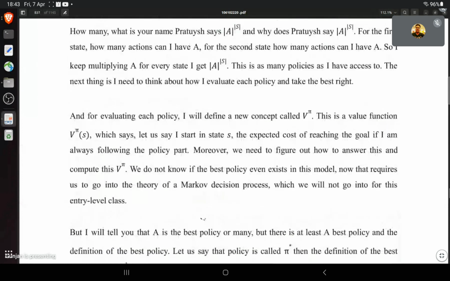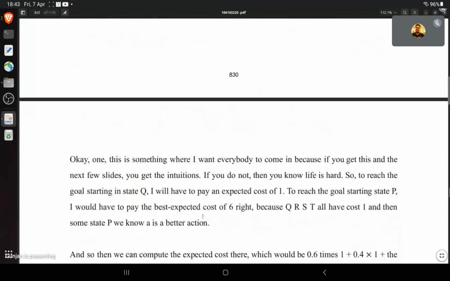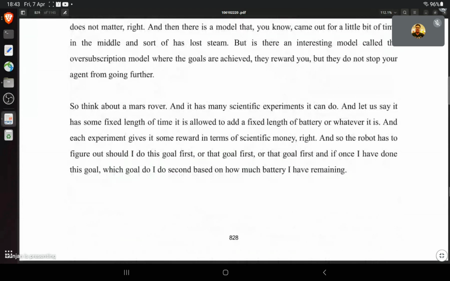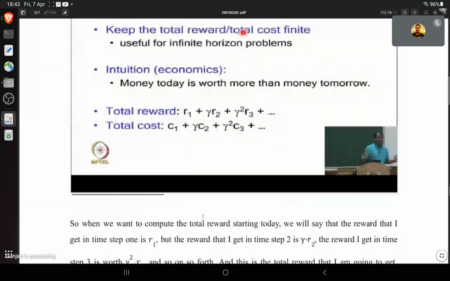Policy evaluation, brute force, even before this. Too much text. Yeah, role of discount factor.